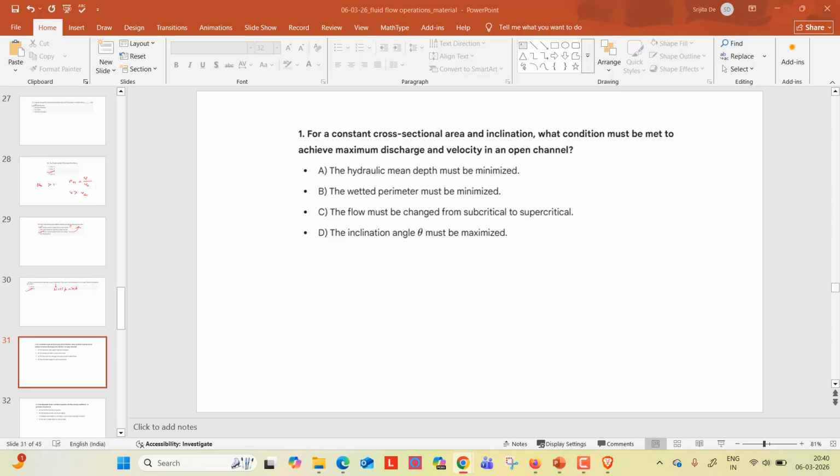So you have seen this, right? So it is the wetted perimeter to achieve maximum discharge and velocity in an open channel. The hydraulic mean depth must be minimized. It is option A.